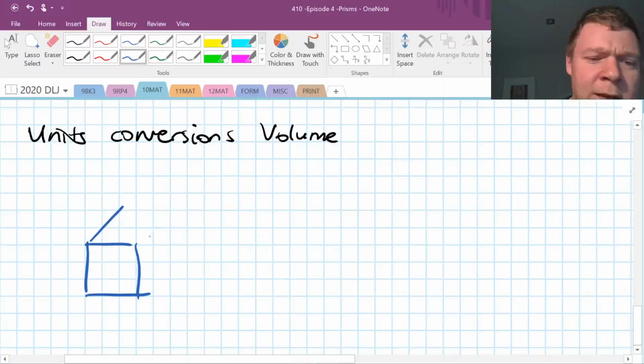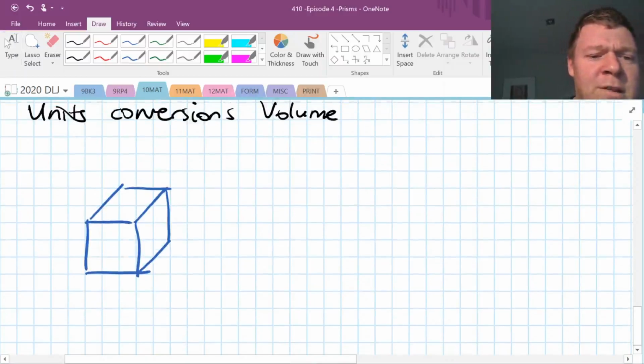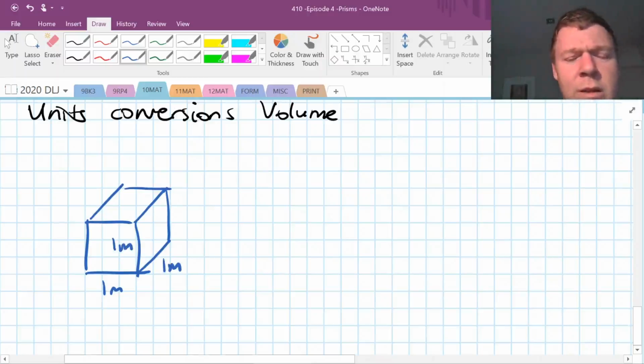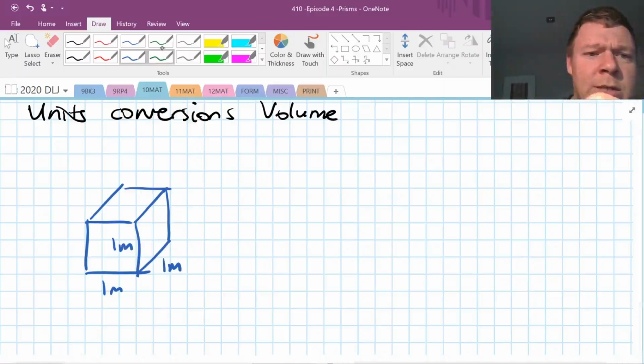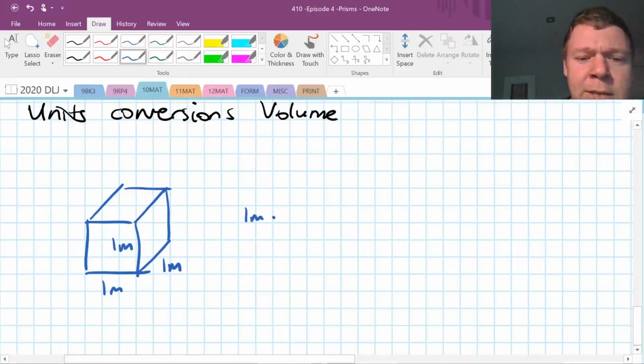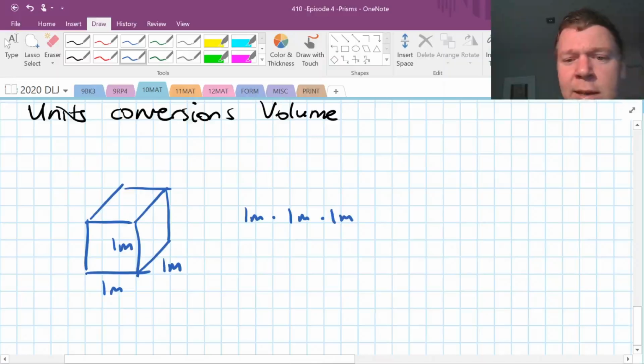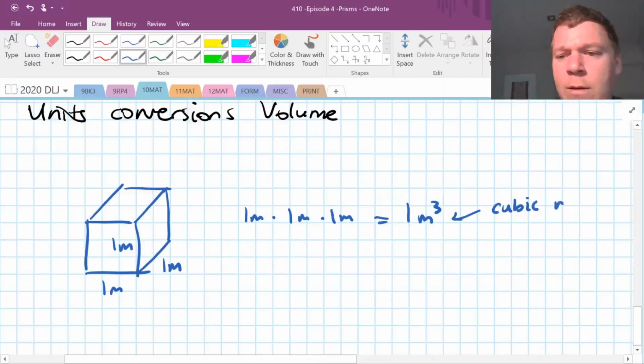So if this is a box that is 1 meter by 1 meter by 1 meter, then 1 meter times 1 meter times 1 meter equals 1 cubic meter, 1 meter cubed. Sometimes you might hear me say cubic meter. It's just a short form way of saying meters cubed.